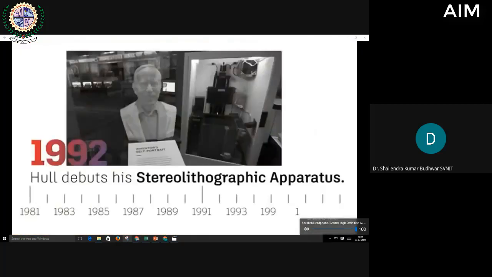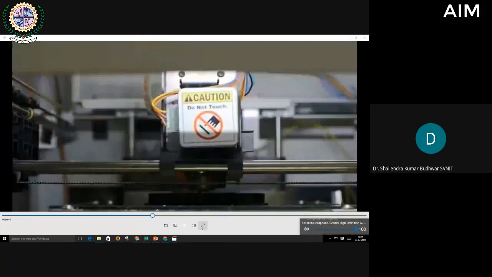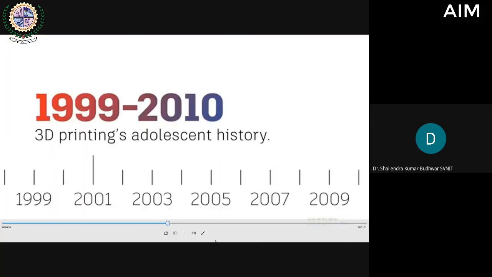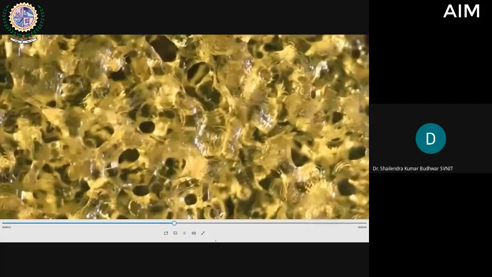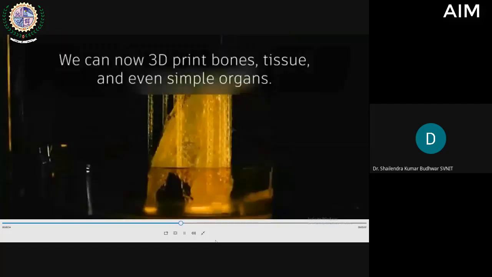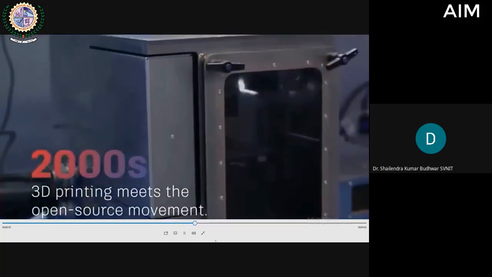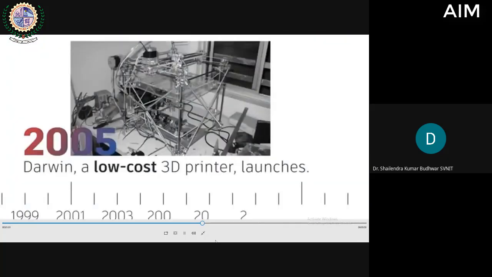In 1992, Hull debuted his stereolithographic apparatus. While it was still only achievable on an industrial scale, its potential was undeniable. In 1999, the first 3D printed organ was implanted in humans, and incredible medical advancements followed. In 2005, the RepRap project launched a 3D printer known as Darwin, which could build itself and print its own parts.